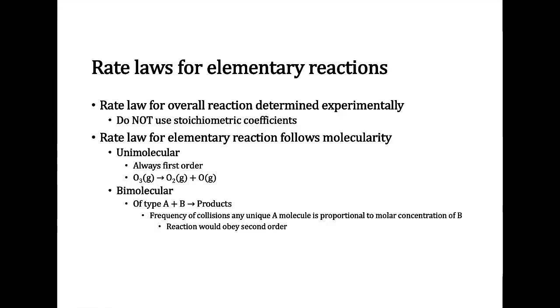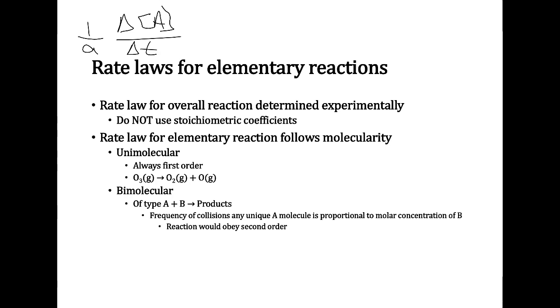So we can actually use these elementary reactions to predict rate laws. So we use the coefficients initially to look at rate expressions. So remember whenever we looked at the change in concentration over the change in time, and we would put 1 over some sort of coefficient.